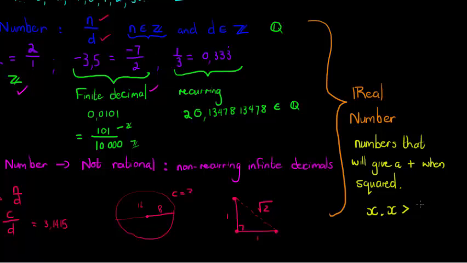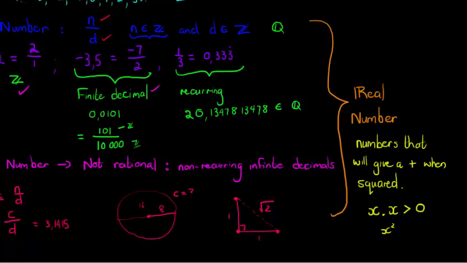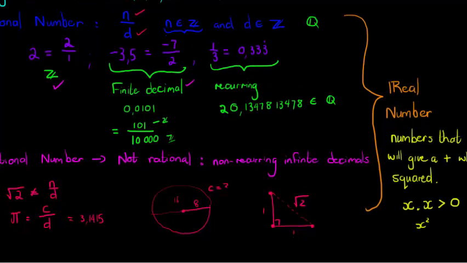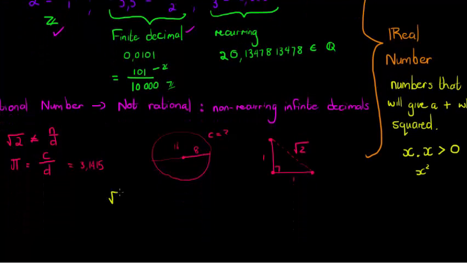Sorry, I wrote it weird now. So if I take any number and I multiply it by itself, another way of writing that is saying x squared. That's why I say when squared. Squared means I'm multiplying it by itself. So when a number is squared and I get a positive answer, that is a real number. For example, the square root of 2 times the square root of 2, the answer is just 2.